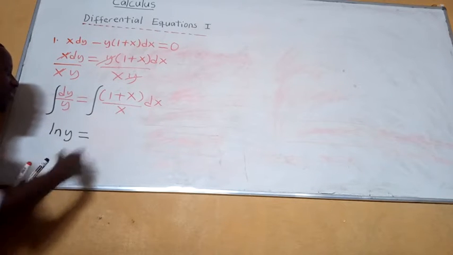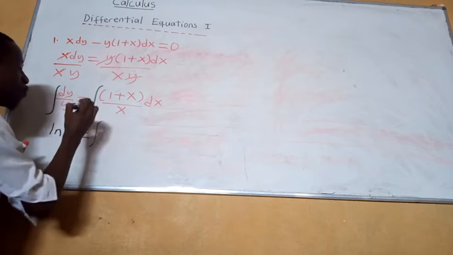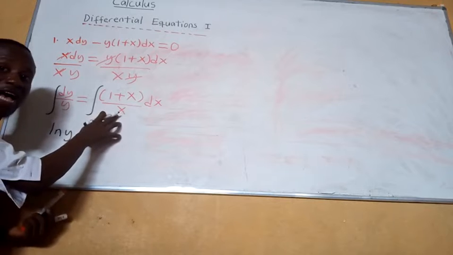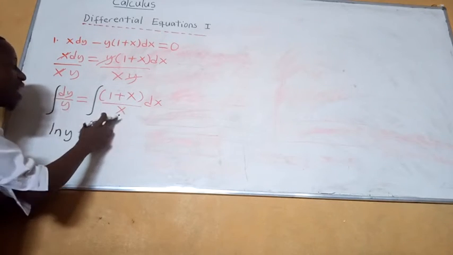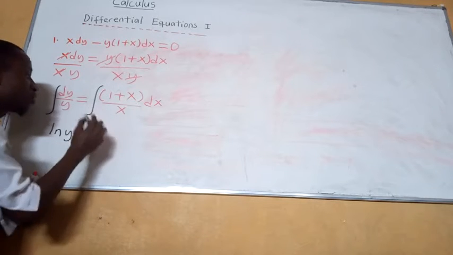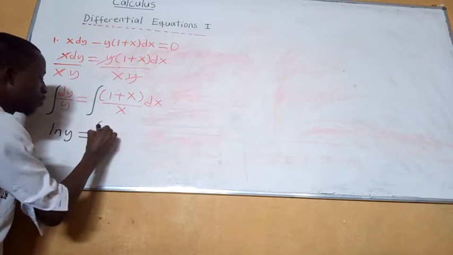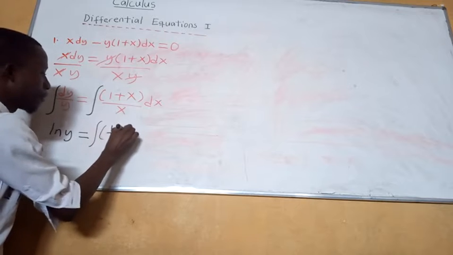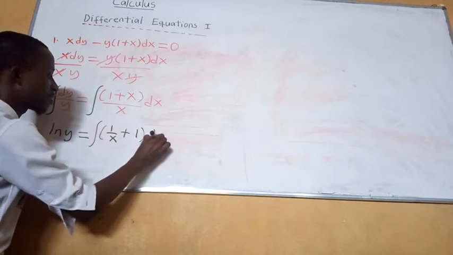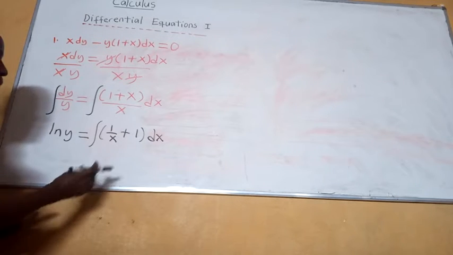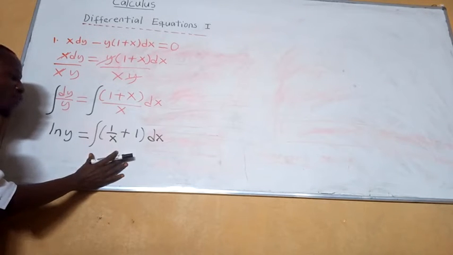Simplifying this, we know that x serves as the denominator for both the 1 and the x. So dividing by x, we have 1 over x plus x over x, which is 1, times dx. Now it makes our problem much easier to integrate.